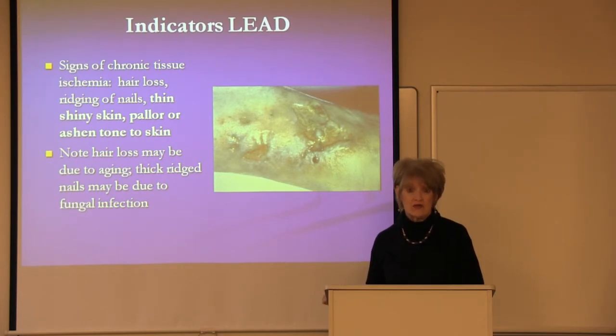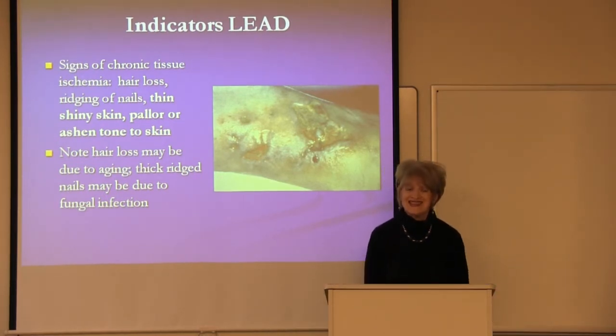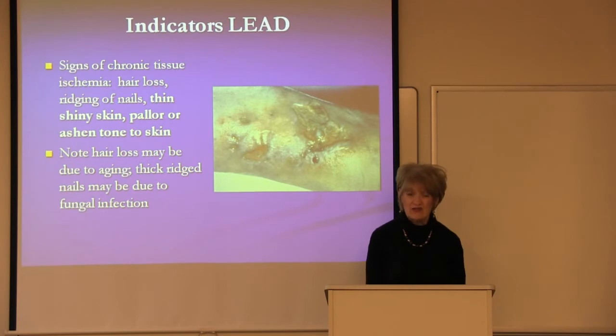What about hair growth? You're going to see a marked reduction in hair growth because it takes blood flow to grow hair. Now, when you're looking at a patient, you're looking to see, is there any evidence of hair on the lower extremities and the feet? If you see somebody with hairy toes, that is a great sign. It might not be sexy, but it's really, really healthy to have hairy toes because it tells you they're getting enough blood flow to their toes to grow hair. A great sign.